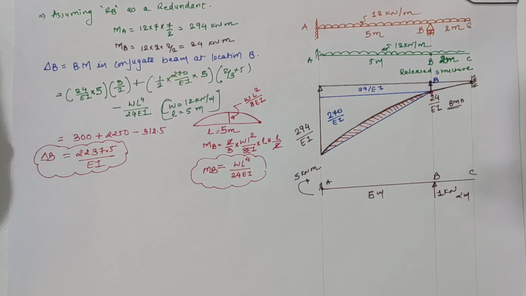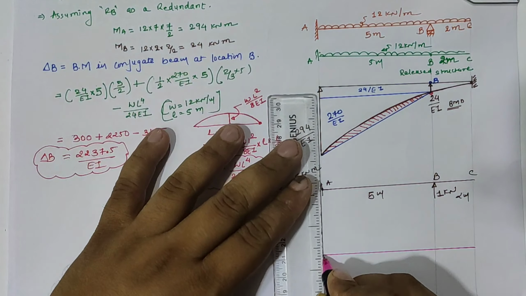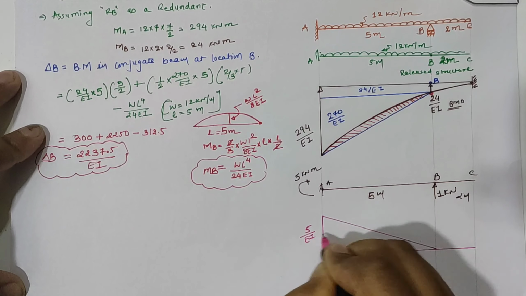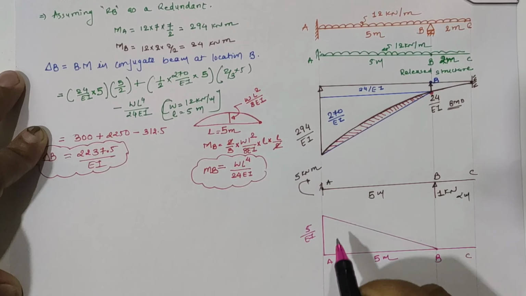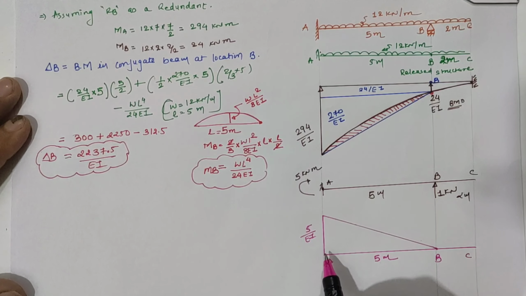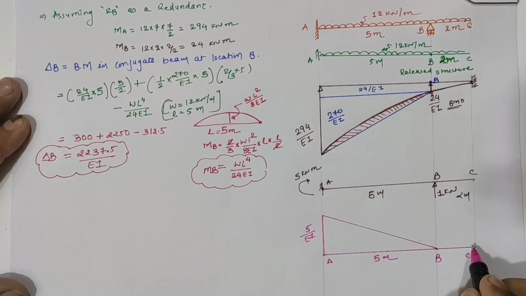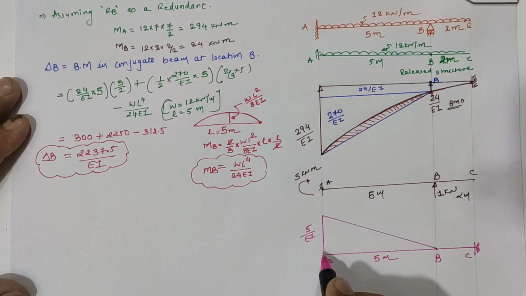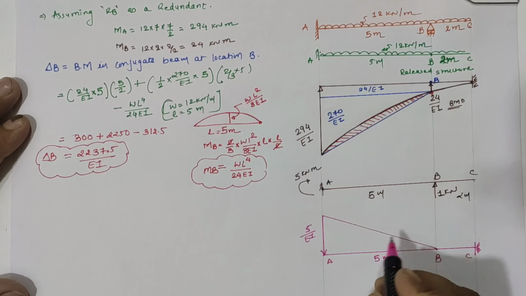Converting it into the conjugate beam after drawing the bending moment, support A, which is fixed, becomes free in the conjugate beam, and support C, which is free, becomes fixed in the conjugate beam, and the M over EI diagram gives the loading of this conjugate beam.